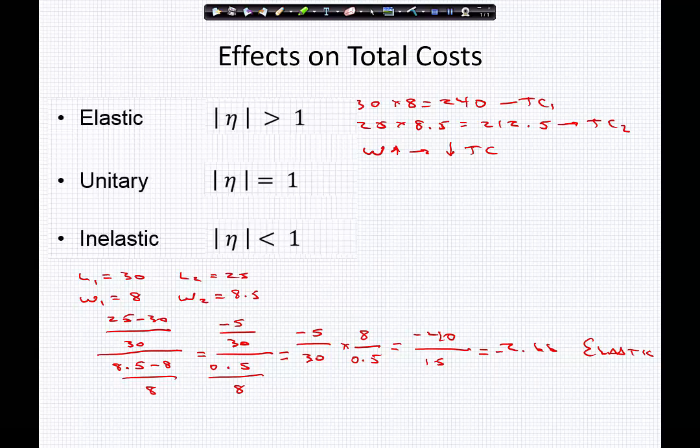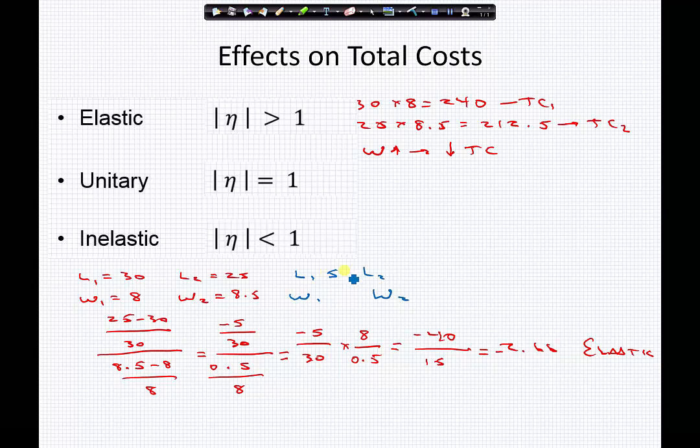Let's now think about this with a different good, let's say a different type of labor. This will be a more highly skilled type of labor. And we'll think about this still in terms of the simple equation. But now we have an L1 and an L2, a W1 and a W2 that are different.